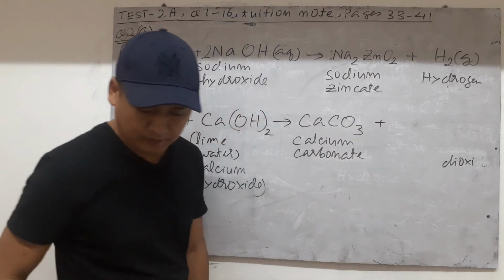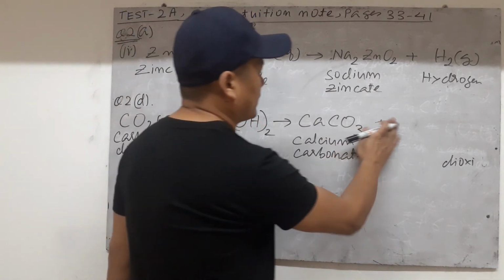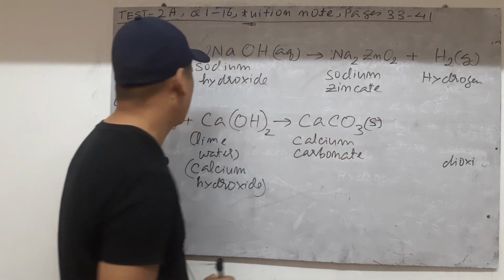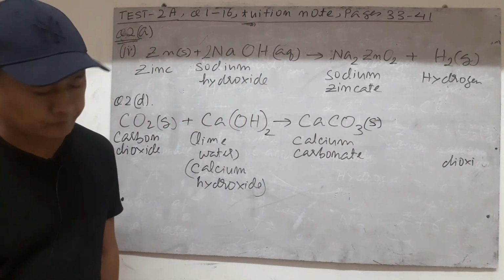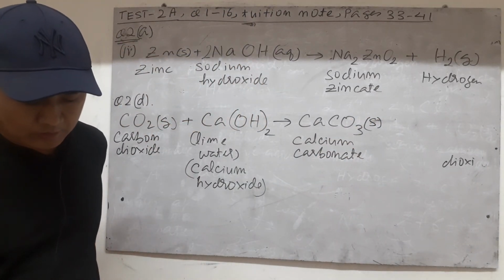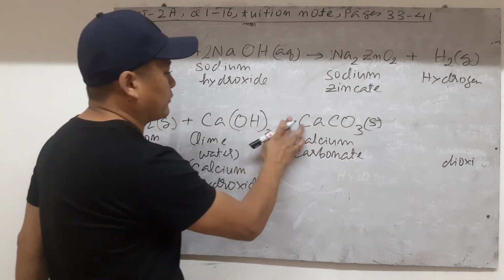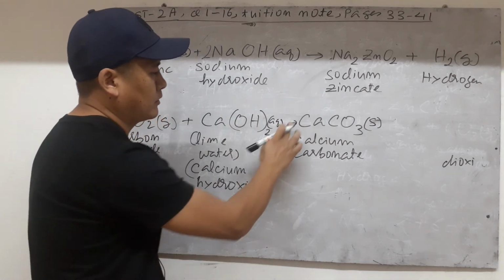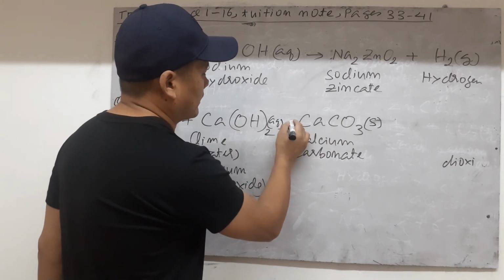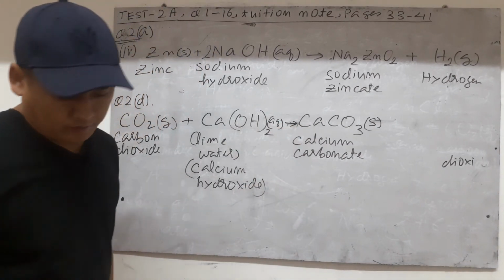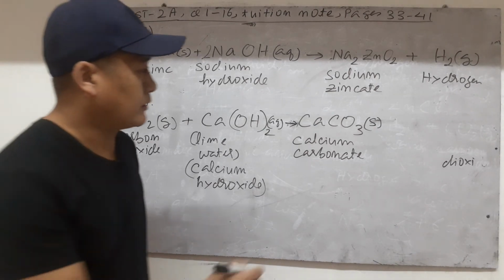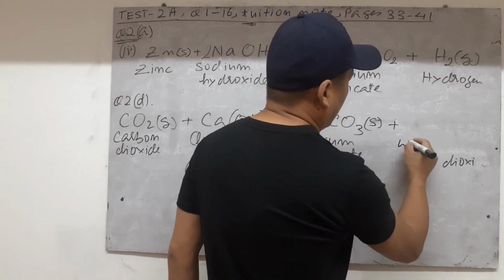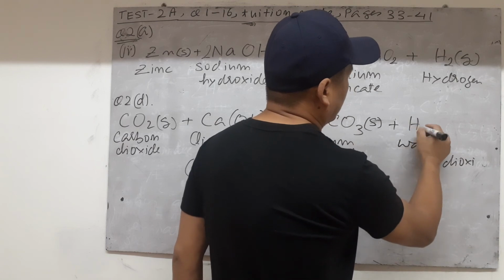And usually calcium carbonate is a solid, okay. Lime water is usually dissolved in water. It's okay, but if you mention dissolved in water, meaning aqueous, the arrow can be pointed clearly. Solid. And then the other product is water here, which is H2O.